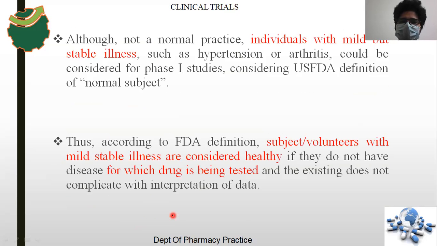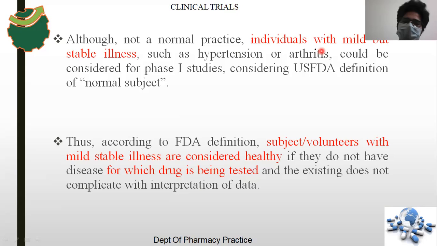Next. Like we said, when you see the healthy volunteer definition, it includes what it says in WHO: patients whose disease condition won't interfere with our study, we can consider them as healthy volunteers. That's what they said here. Although not normal practice, an individual with a mild but stable illness such as hypertension or arthritis could be considered for phase 1, considering the US FDA definition of a healthy volunteer or normal subject.